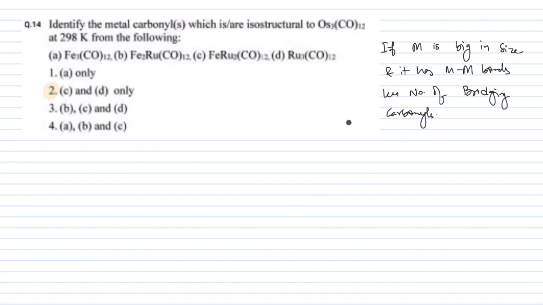That is the only thing to be understood here in the structures. There will be more bridging carbonyls in some and fewer in others, okay. So let's talk about this osmium complex Os3(CO)12.